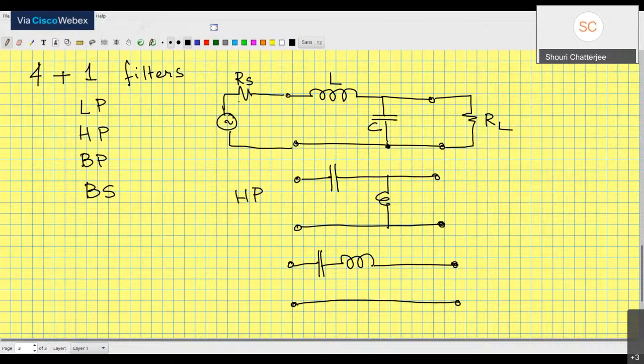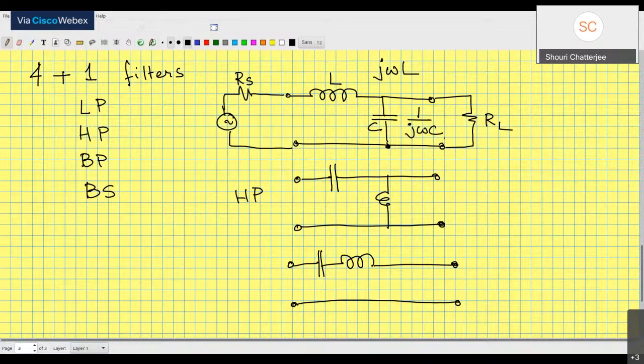So anyway, the idea everywhere is that the inductor is a short circuit at low frequencies, open circuit at high frequencies. Basically, j omega L is its impedance, and the impedance of the capacitor is 1 by j omega C. So if omega is small, then the inductor is a short circuit.